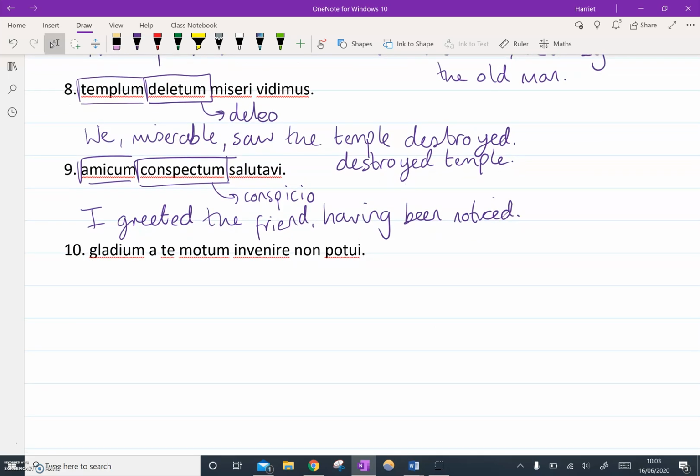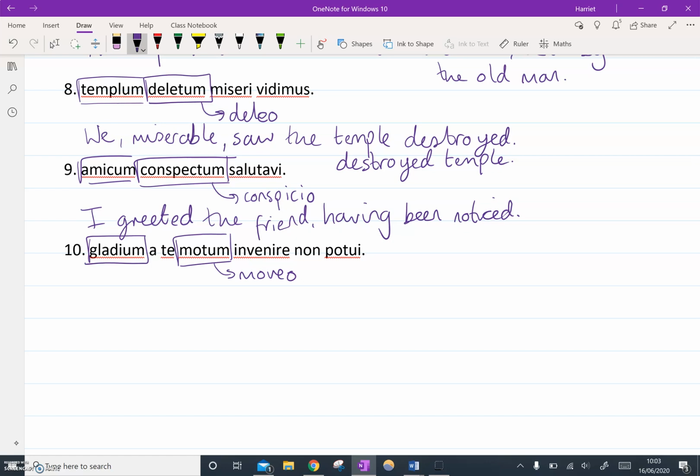Okay, number 10. This time the PPP is motum, from moveo, I move. And that agrees with this word, gladium, because they're both masculine accusative, singular.